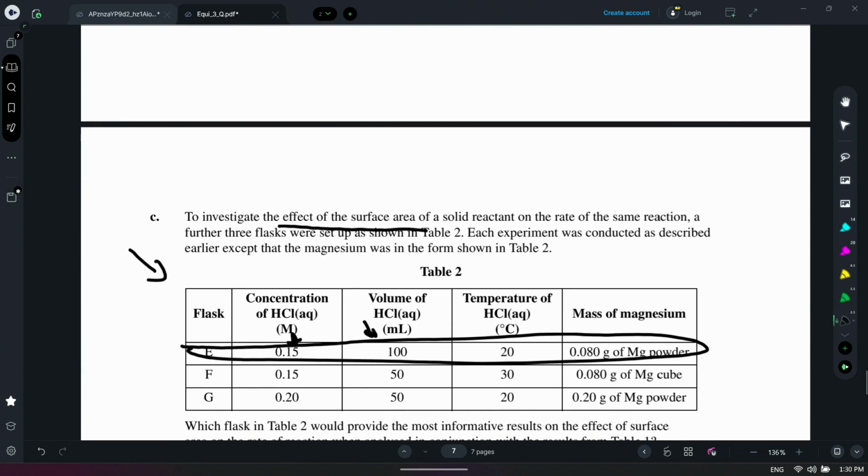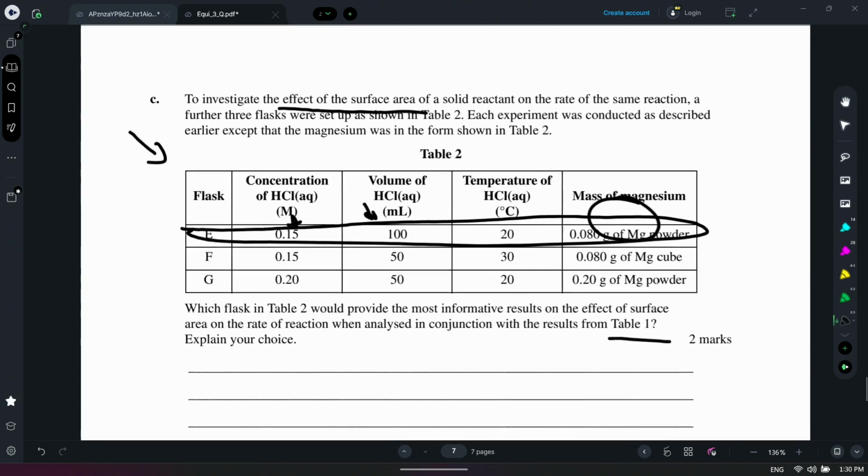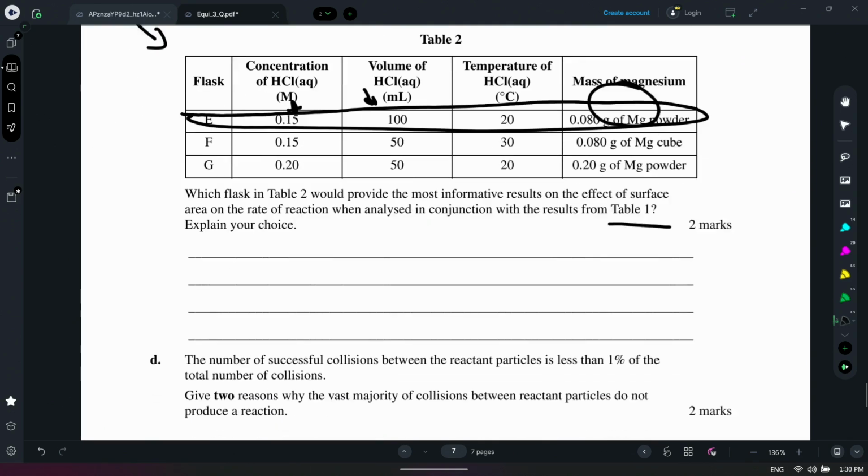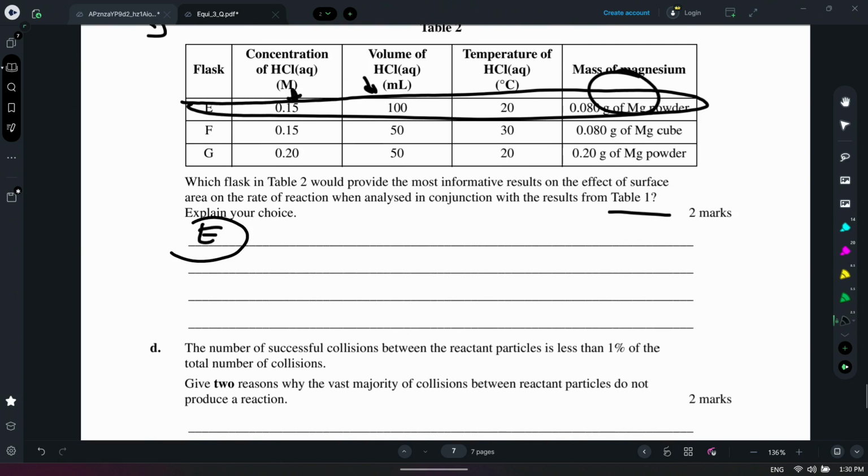But instead of magnesium ribbon, you have magnesium powder. So D and E should be the answer. D and E should be the flasks that you should be comparing. So from table 2, you need to choose which flask? From table 2, you need to choose flask E.